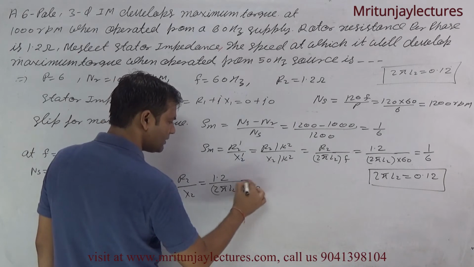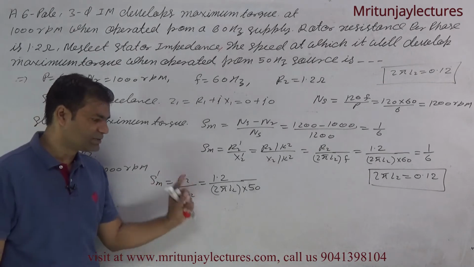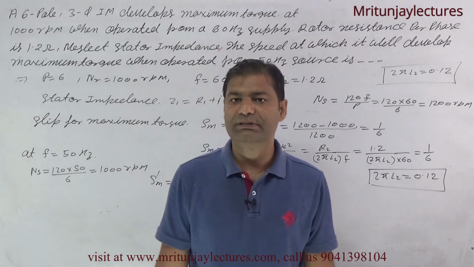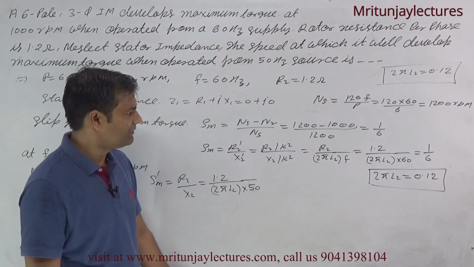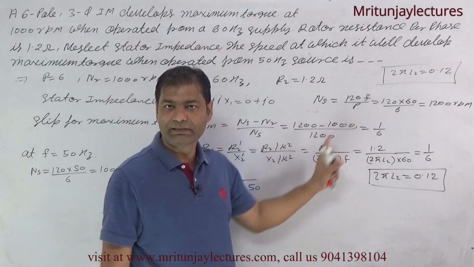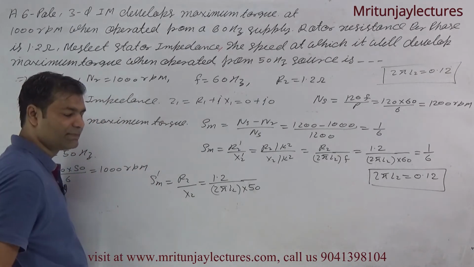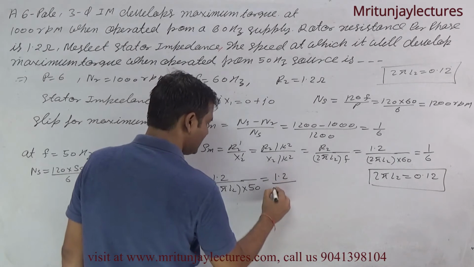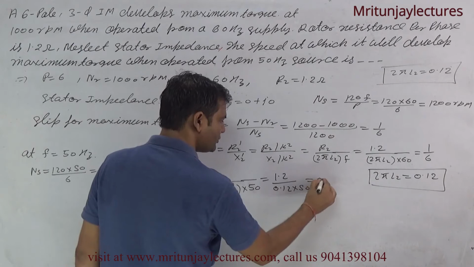In both cases R2 is the same but X2 is different, that's why Sm has changed, because X2 depends on frequency, 2 pi L2 into F. F is different, 60 Hz in the first part and 50 Hz in this part, that's why slip is changed. Now 1.2 divided by 0.12 into 50 is 0.2.